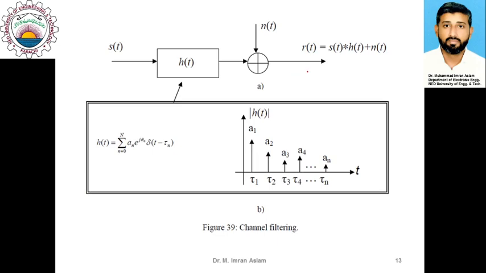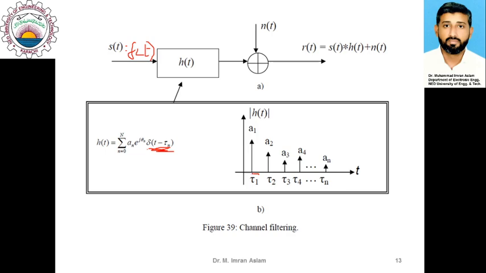This is an illustration of how you would see the wireless channel's response, or impulse response of the wireless channel. If we apply a delta function here, the impulse response would look somewhat like this, a_n delta(t - tau_n), because they have different amplitudes.